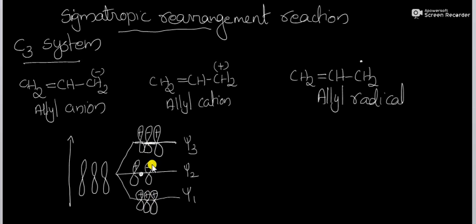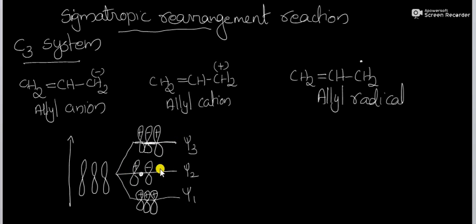Here one more molecular orbital additionally comes to the reaction, that is our non-bonding molecular orbital. We know that this is the bonding molecular orbital and this is the anti-bonding molecular orbital.